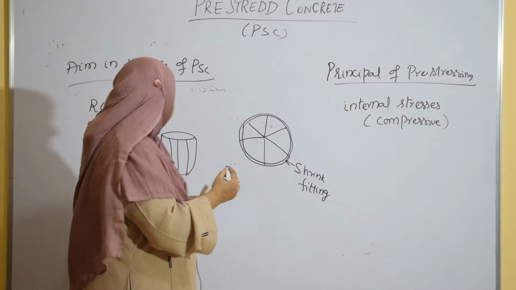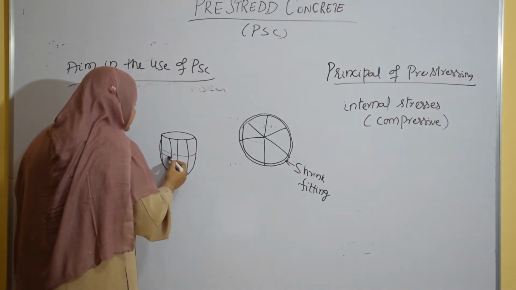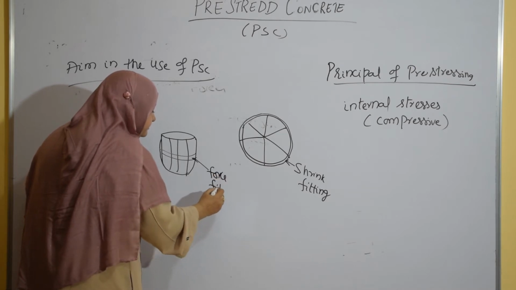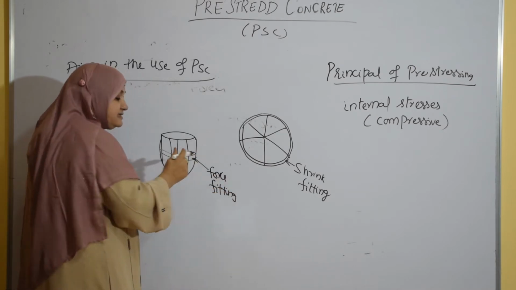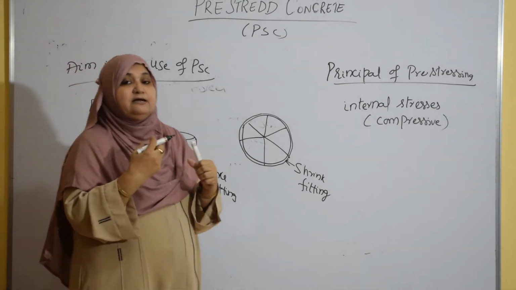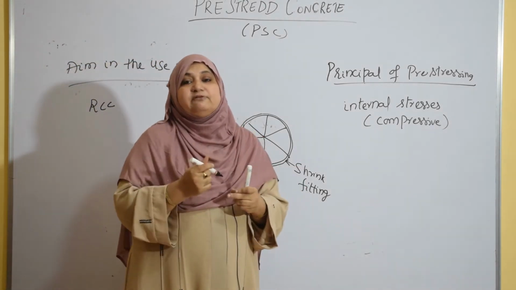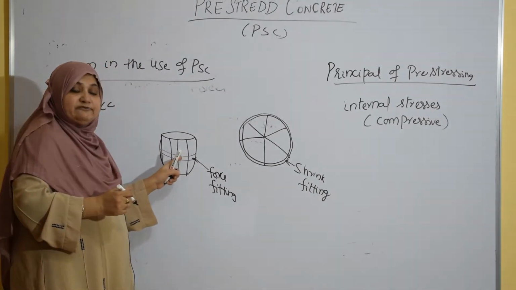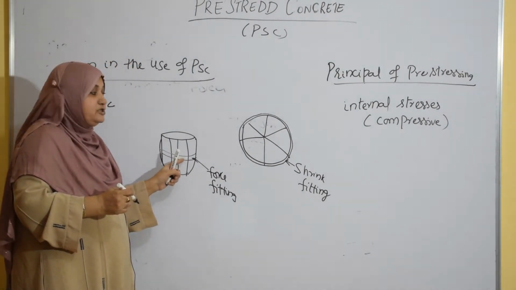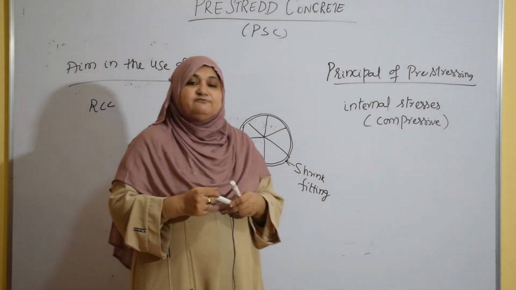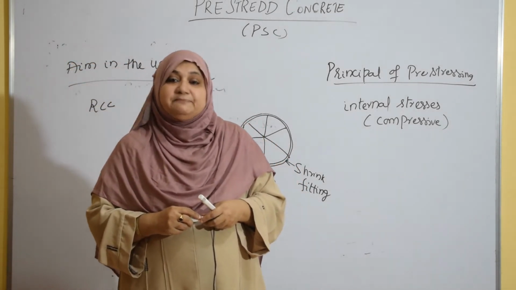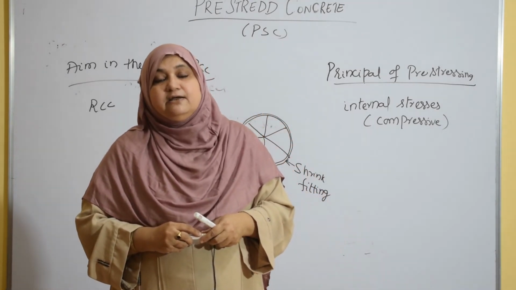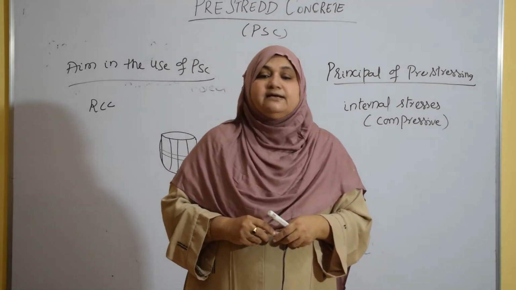That metal band they used to introduce by force fitting. Why they used to do this? Whatever internal stresses are coming from the liquid inside, those will be counteracted by the pre-stress that will be there in the steel band. So these are the two examples which give proof that the pre-stressing concept has been used since ancient days. It is not a new technology, but it was there since ancient time.